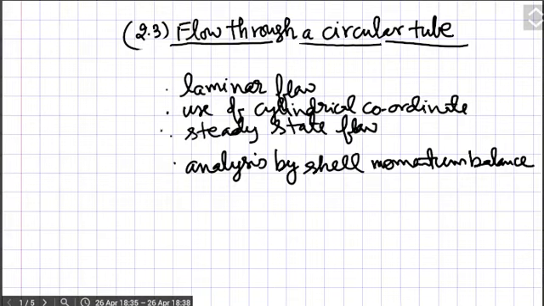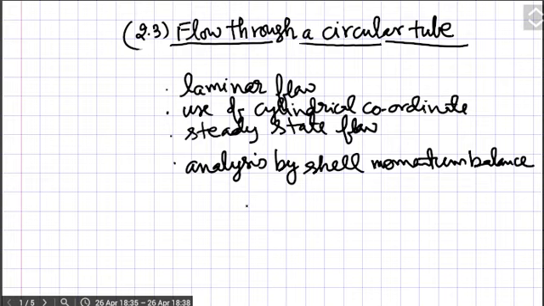In this lecture we will analyze the flow through a circular tube. Actually, these kinds of flows you will find in so many places in physics, chemistry, biology and engineering. So it is very important to discuss this flow.